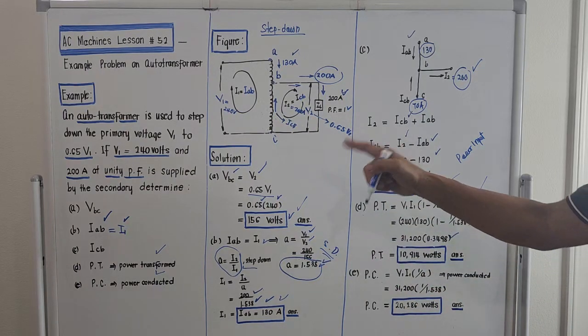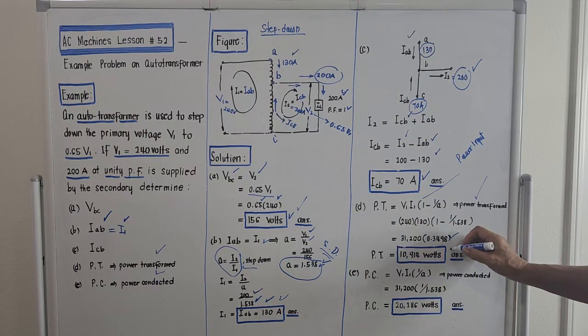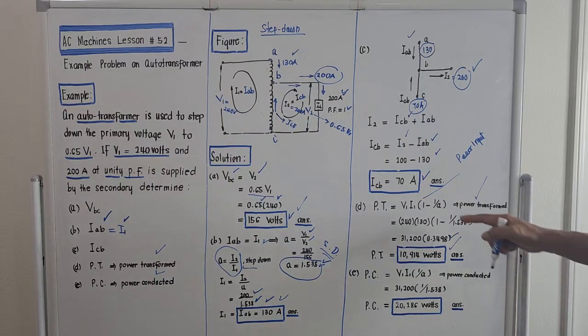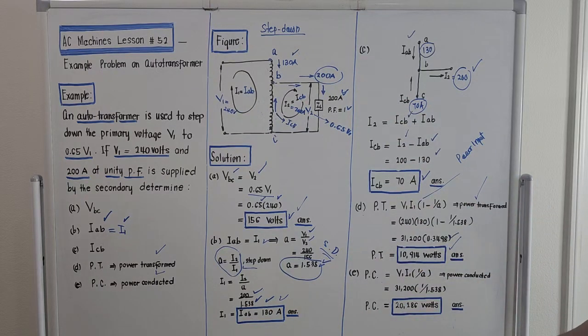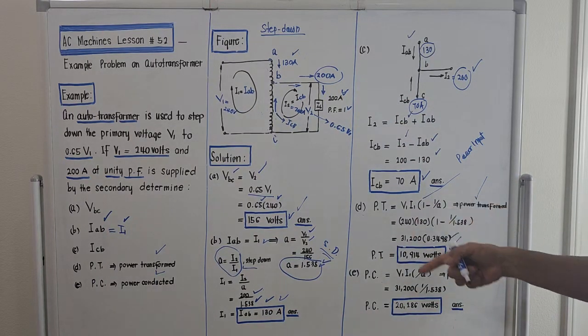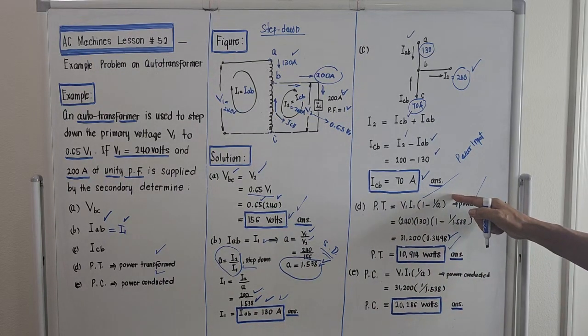So the power transformed by the given autotransformer is 10,914 watts. Okay. Don't ask me why we use this one. We derived this one the last time around. And we are asked the power transform. So to compute for the power transform, we must use this.